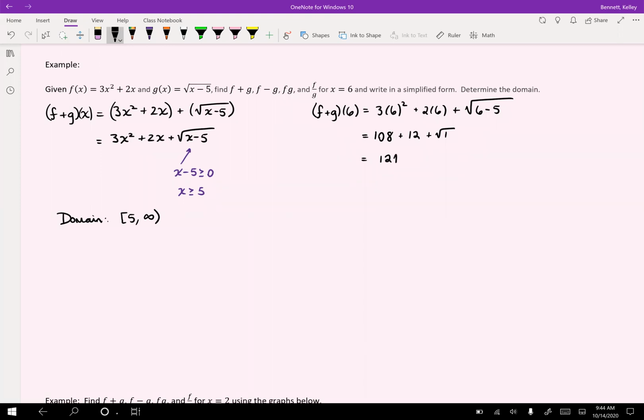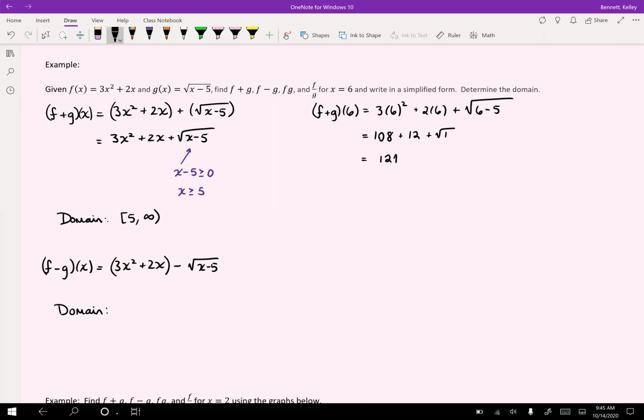So next we'll do f minus g of x. So this is 3x squared plus 2x, that's f, minus g, which is the square root of x minus 5. And we can see that the domain is the same because whether or not I am adding g or subtracting g, I still have the restrictions on what the radicand can be.